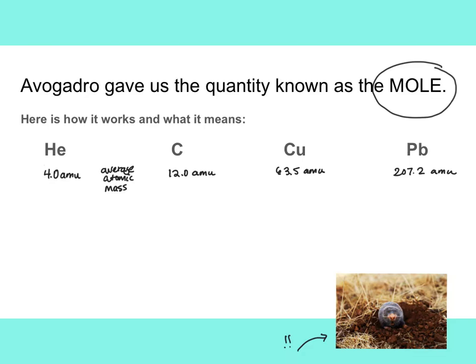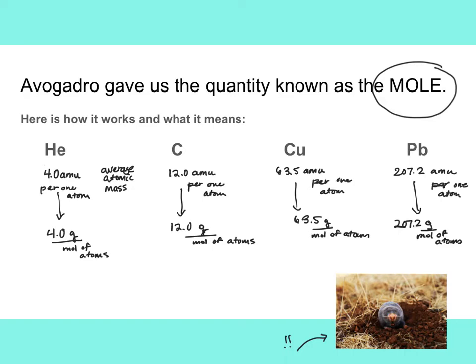Now, an AMU is a very, very small amount of mass, and so AMUs would not be measurable in the lab. However, it is possible to scale these quantities up to a larger pile of atoms, and this is what happens if we do that.